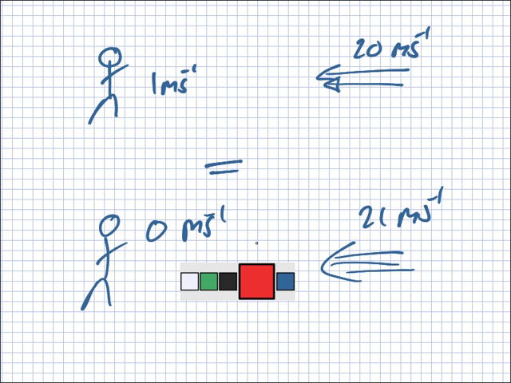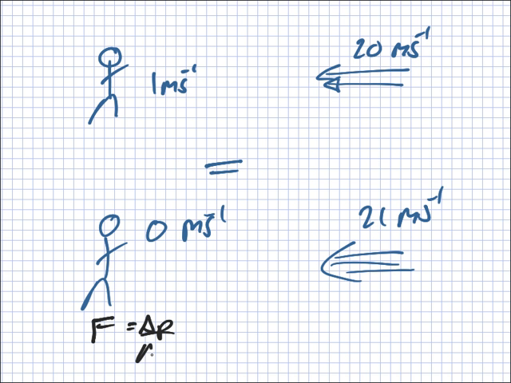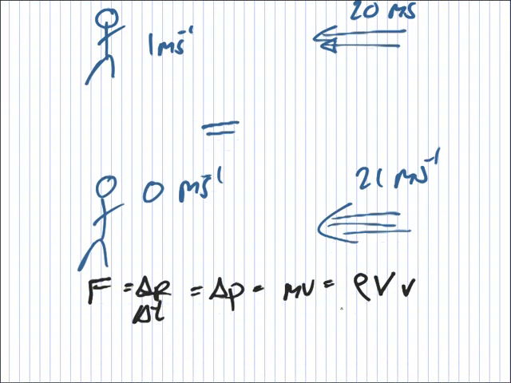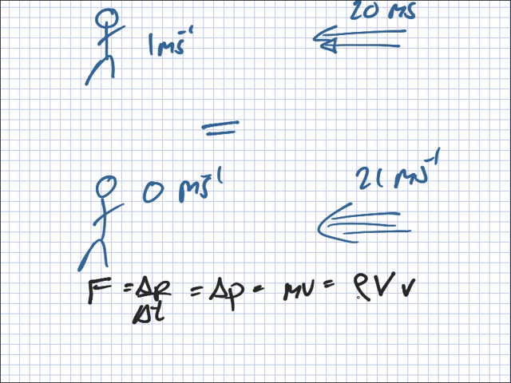So the force equals delta P over delta T, which is mv over delta T, which is rho times V times v. I think I said this is 1, did I? No, I said 1.225.